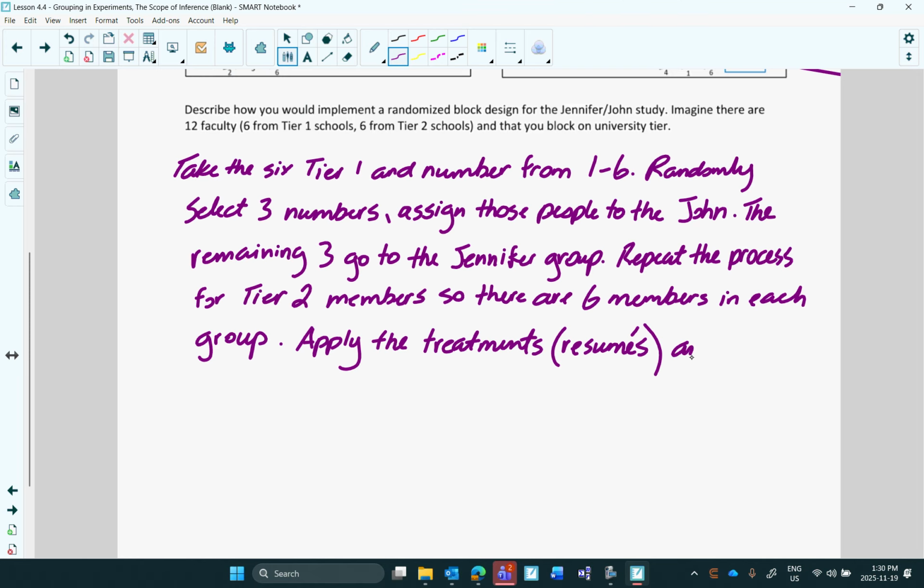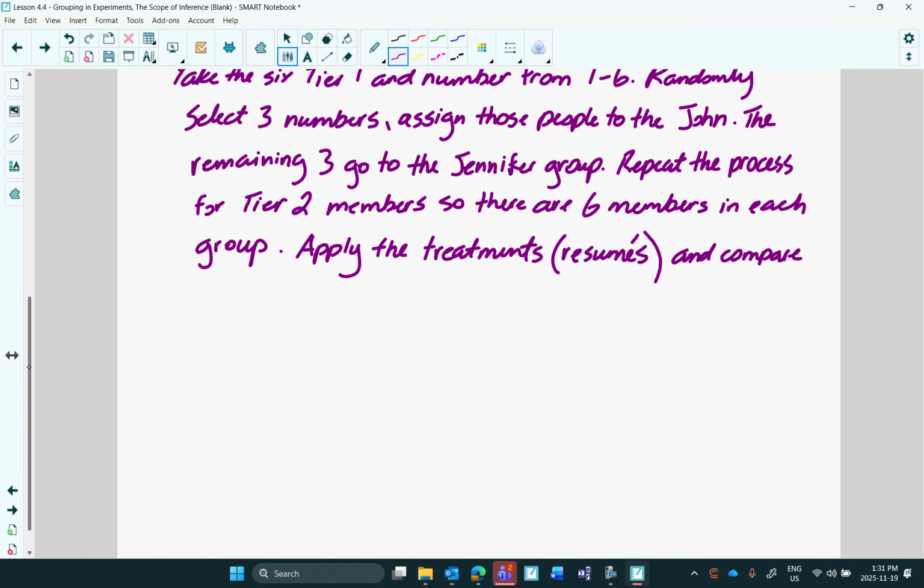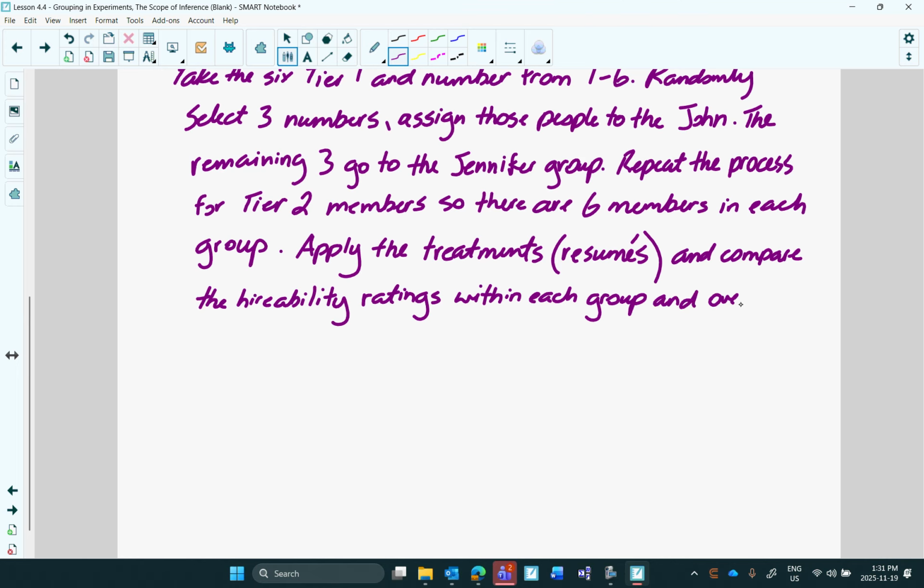And compare hireability ratings within each group and overall, which is what we saw on the first page.